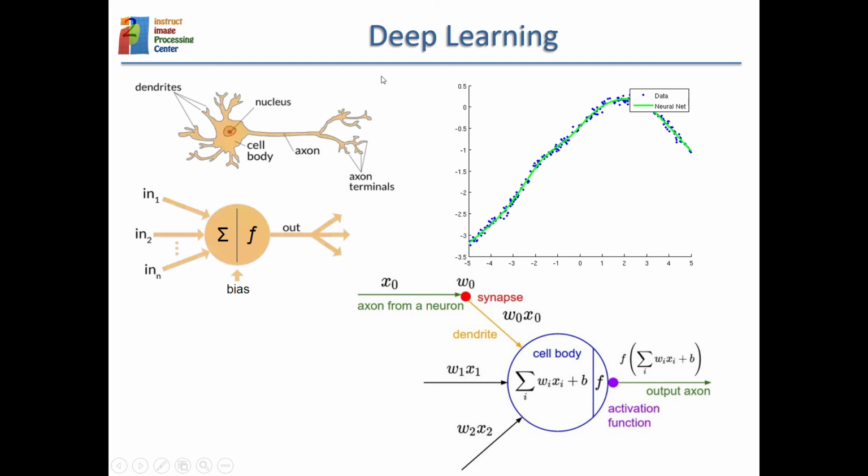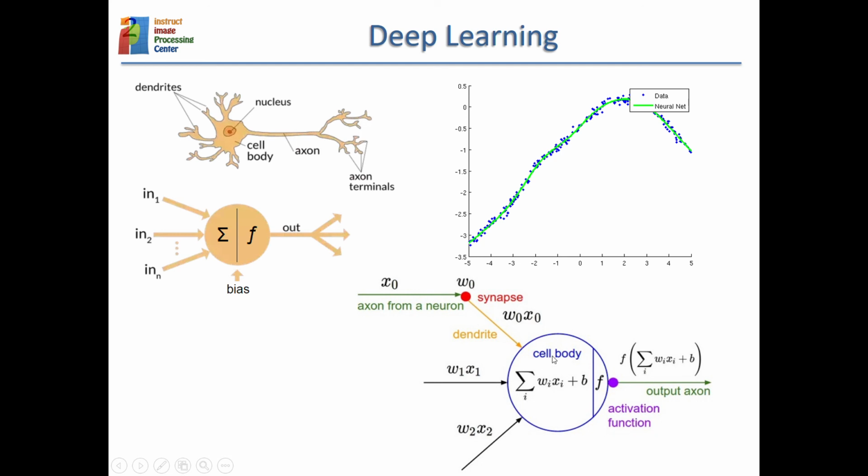A possible way of mimicking that is this one. Information from the input is represented by these x0, x1, x2 variables, and then the nucleus combines that information and gives different weights to each one of the inputs. This is what the cell body would be computing, a very simplistic model.